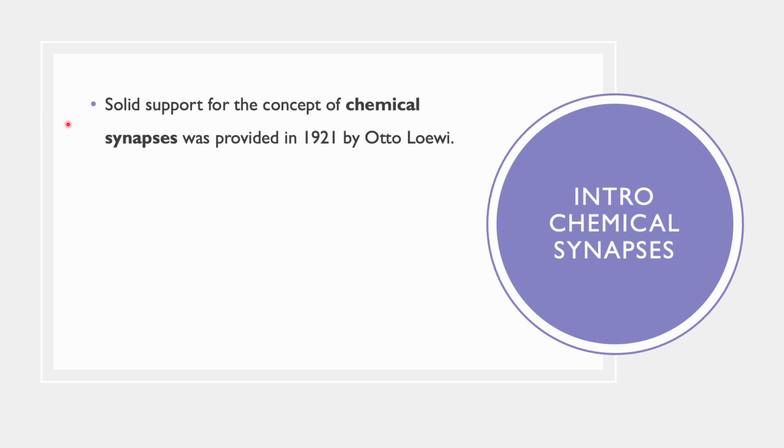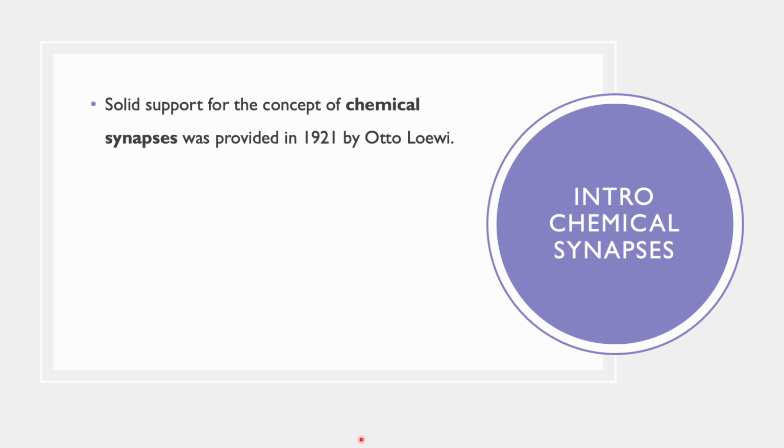So it wasn't until the year of 1921 when Otto Loewi actually discovered the very first neurotransmitter, and the discovery of the first neurotransmitter, which is acetylcholine, provided more support for chemical synapses. Remember, at this time, the electron microscope was not invented, so it was still difficult to look at synaptic transmission.